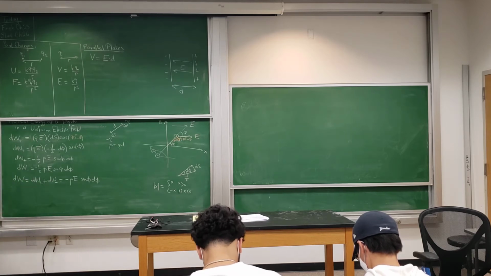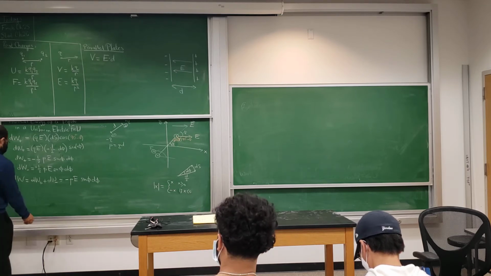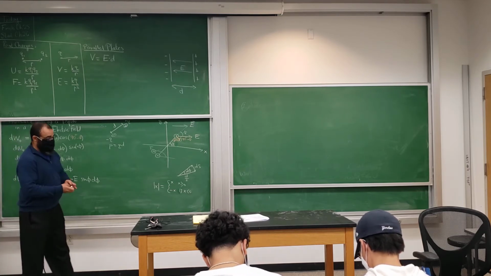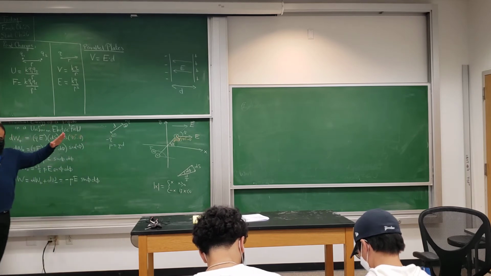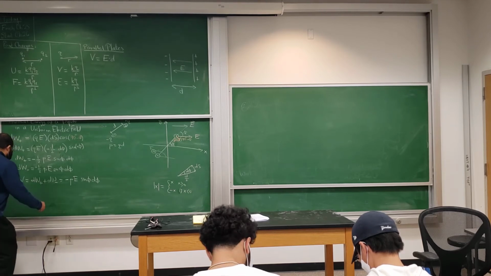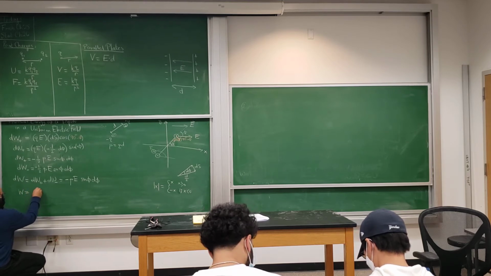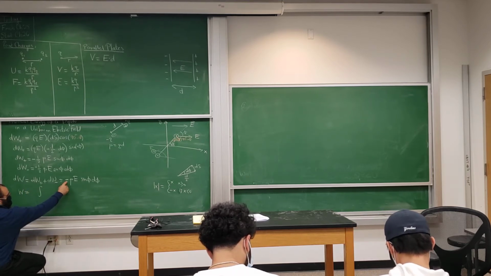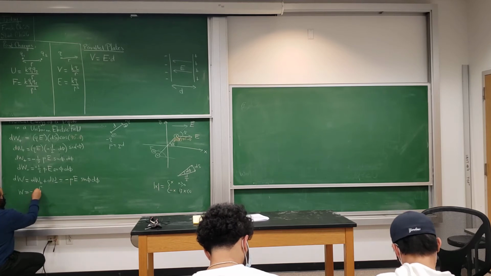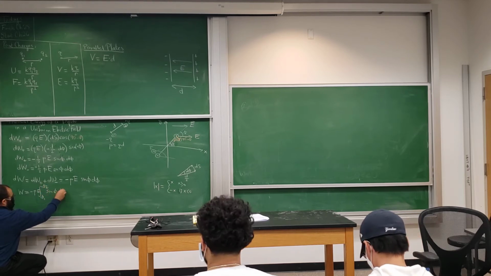So what do you do to a dW to make it into a W? Integrate. So the total work would be the integral from some initial angle phi initial to some final angle phi final. Put the minus PE here: minus P times E, the integral from phi initial to phi final of sine phi d phi.